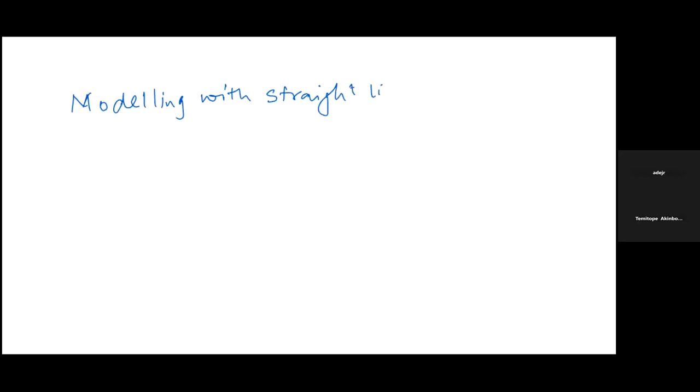Modeling with straight line, or you want to say linear model.